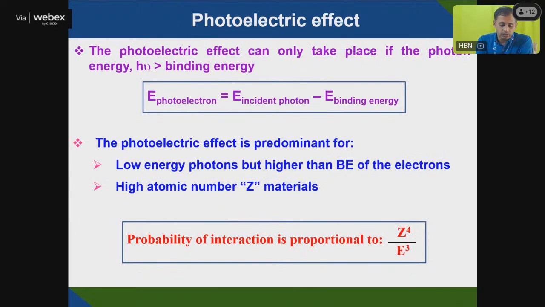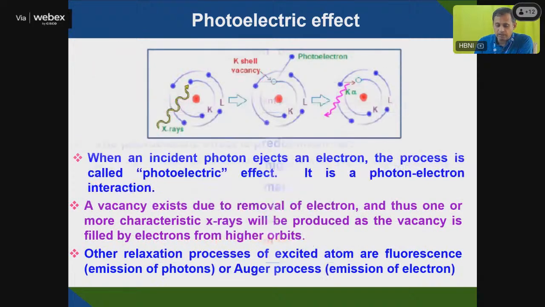The energy of the photoelectron is the incident photon energy minus the binding energy, as I discussed earlier: each electron is bound to the nucleus with some binding energy, so once it comes out, it has to overcome that binding energy.